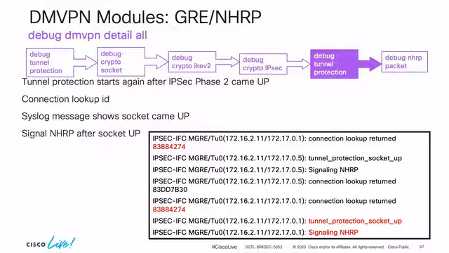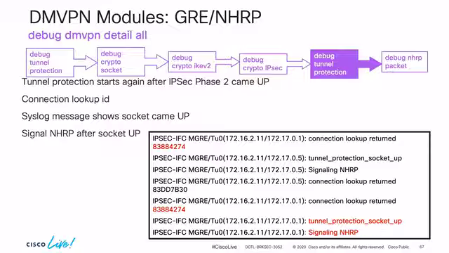In this particular case, the number you see here, 83884274, highlighted in red, is the same number you would see if you were to run debug crypto socket. It's not a new number which gets generated. The socket connection lookup ID is the same.